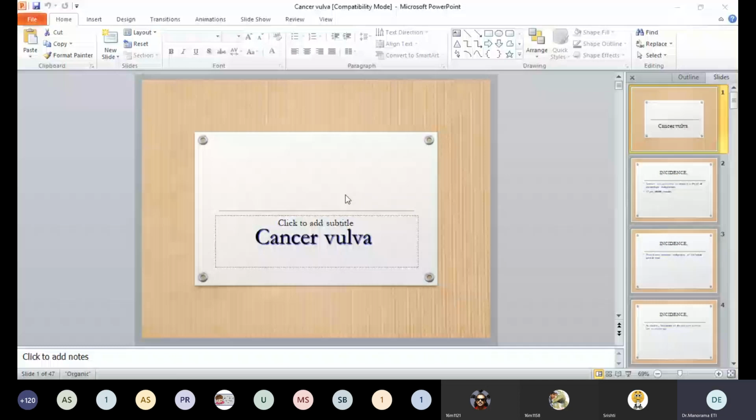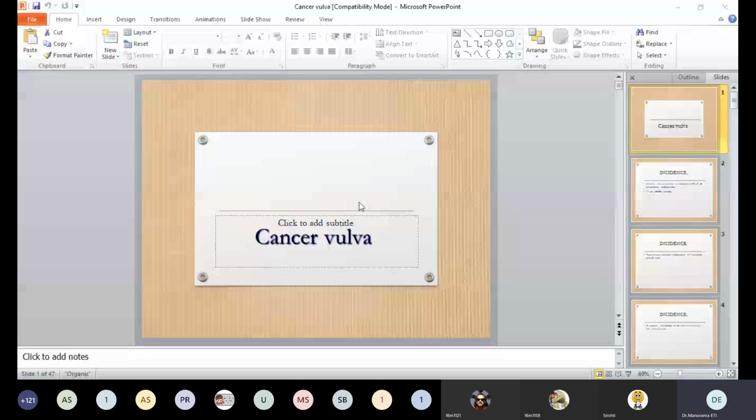This is the labia minora. Then this is called the posterior fourchette. The distance between the posterior fourchette and the anus is called the perineum. So here comes your urethral opening. So all these structures combined together form the vulva.